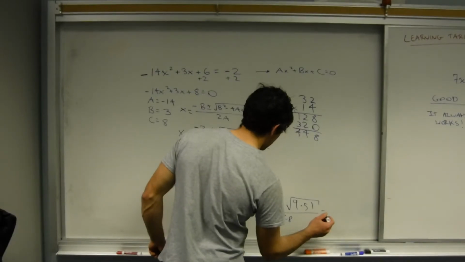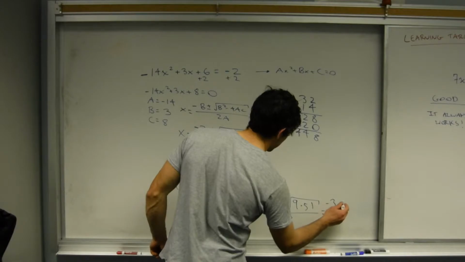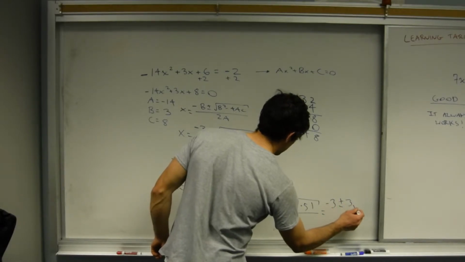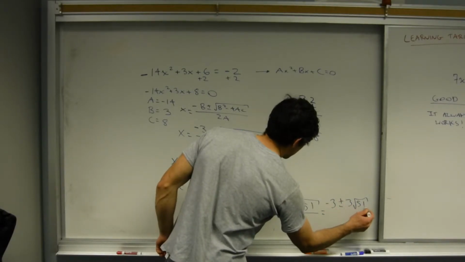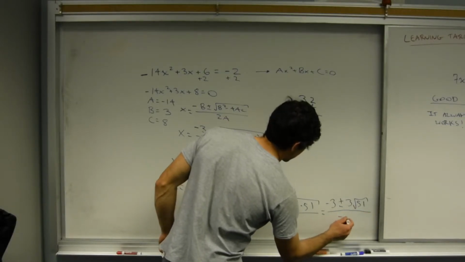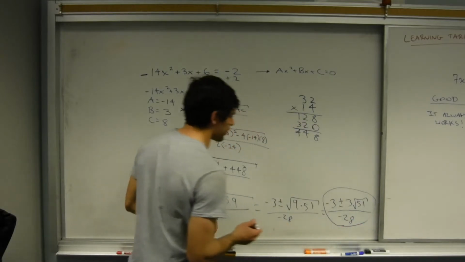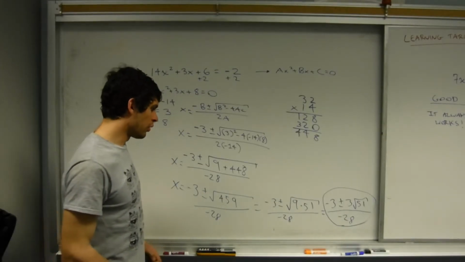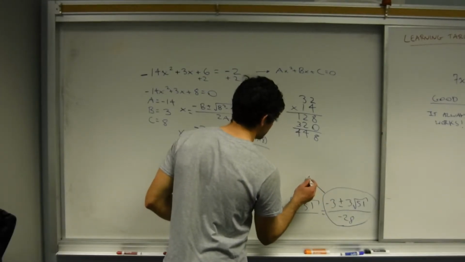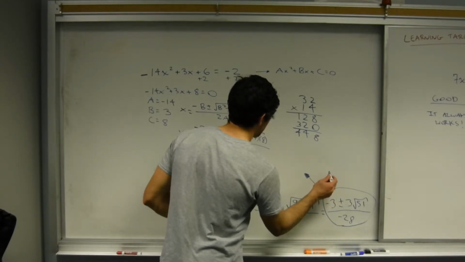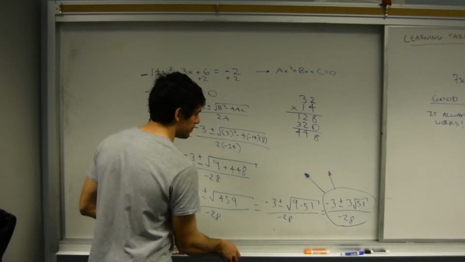We can make that equal to negative 3 plus or minus 3 root 51, divided by negative 28. We can make that our final answer, or we could plug this into our calculator.